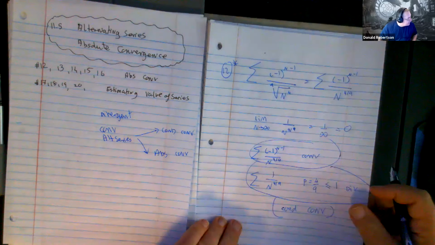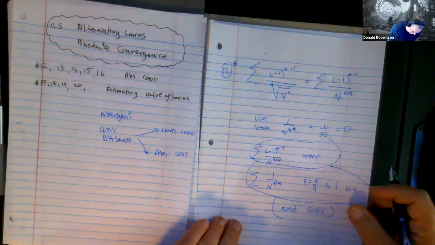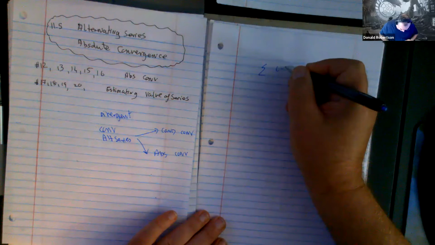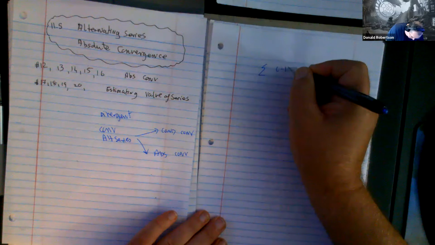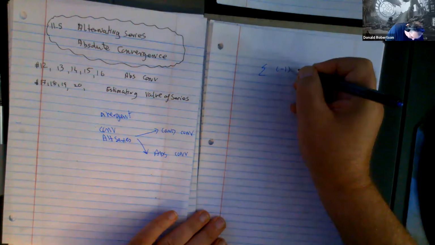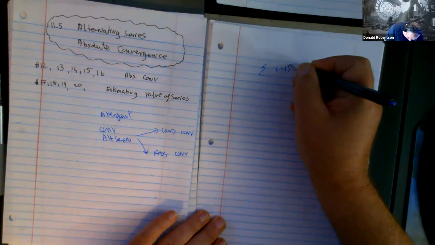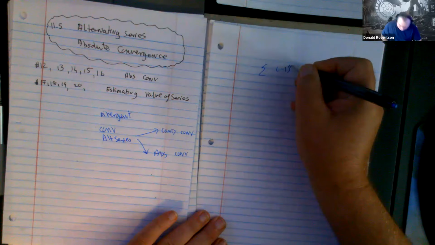So the next fella in the list looks like this. This guy is an alternating series, and he is decreasing. And when you find the limit of that fella, the answer is 0. So that only tells me right now that this series converges.